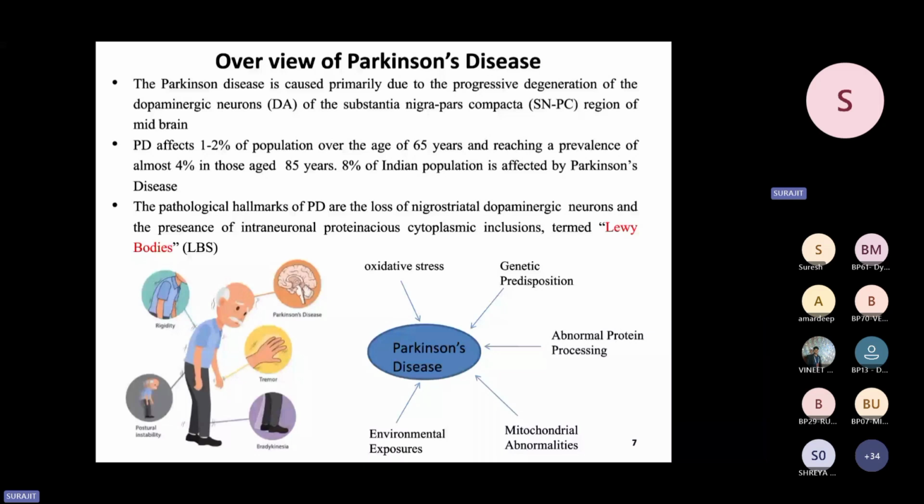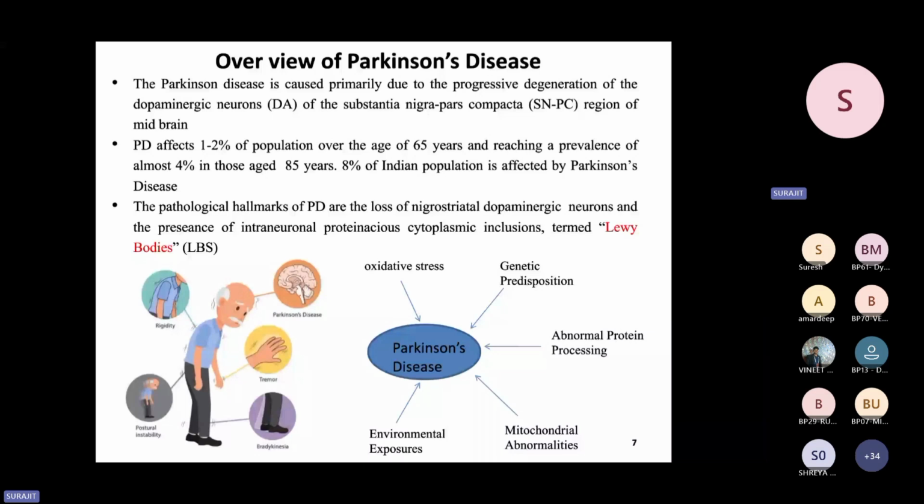Now, with Parkinson disease, we found a very interesting ratio between male and female, where males are more affected than females. The male to female ratio affected by Parkinson disease is 3 to 1.